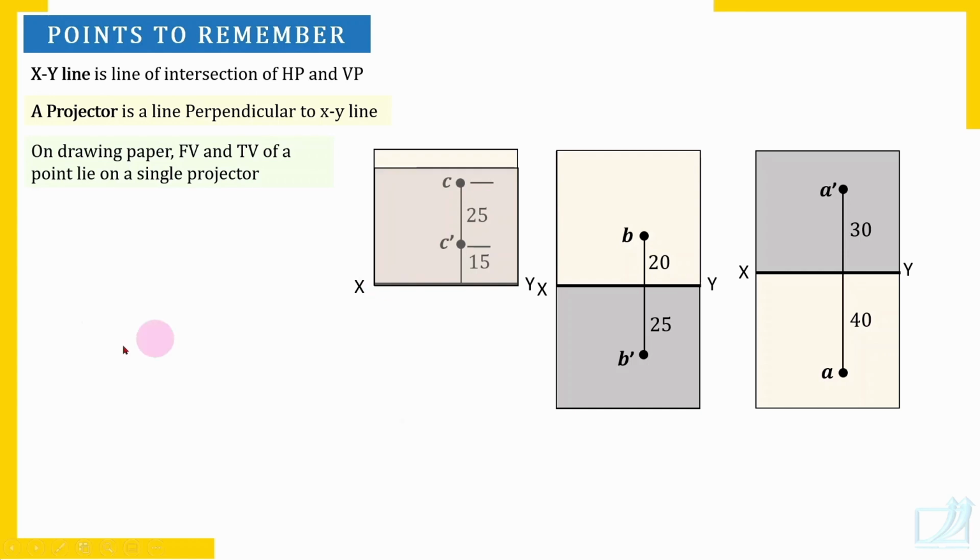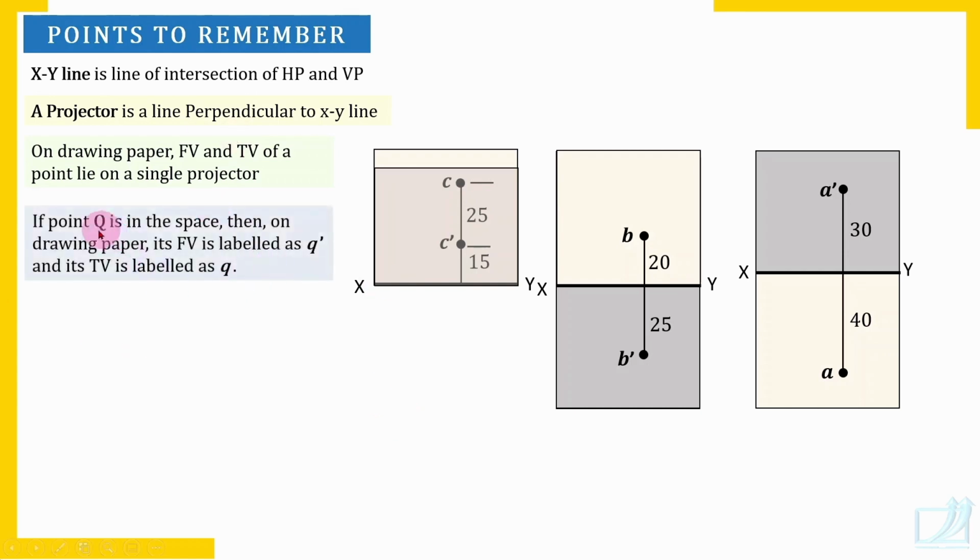Remember, if point Q is in the space, then on drawing paper its front view is labeled as Q dash and top view is labeled as Q. So if a point is B in space, then on drawing paper its front view is labeled as B dash and top view is labeled as B. Remember, we use small letters to label front view and top view, and not only that, we use a dash to differentiate the front view.